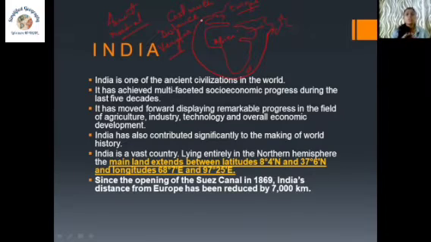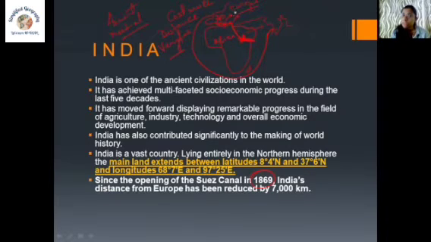So to solve this problem, in the year 1869, near the Red Sea, we got the Suez Canal. So we can easily navigate from this canal to the Mediterranean Sea and likewise reach Europe.